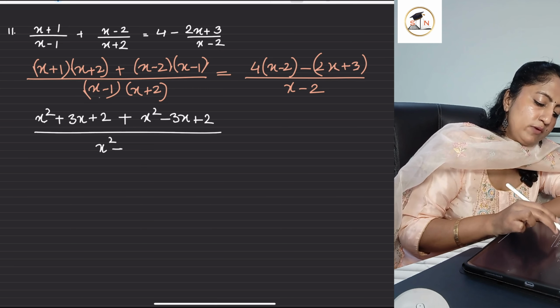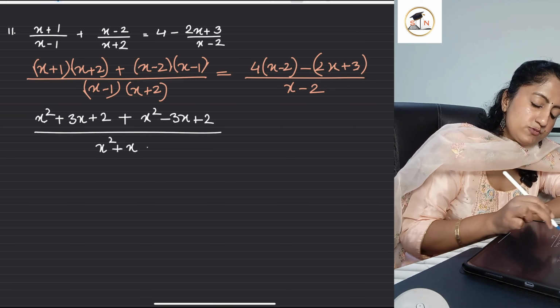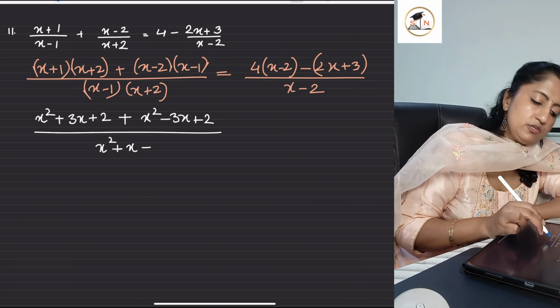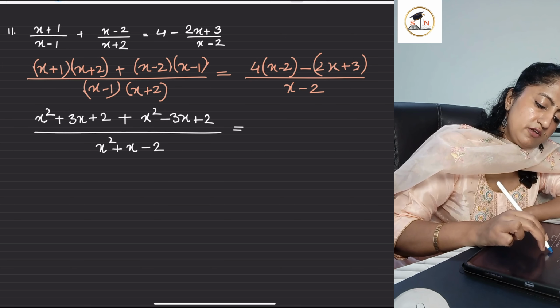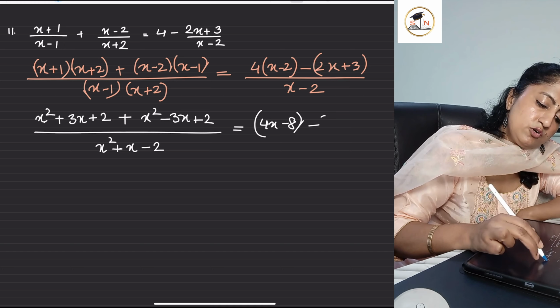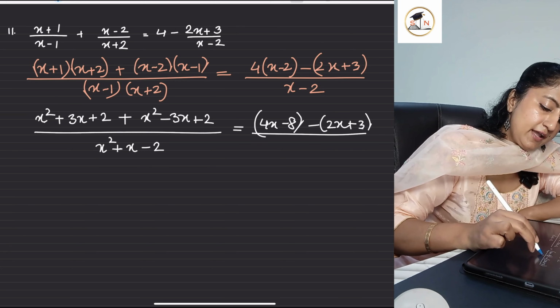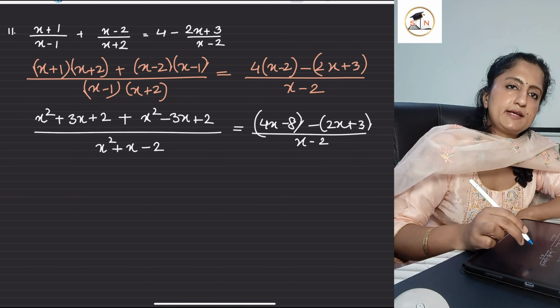What do we get? 2x minus x, that is plus x, and minus 1 into 2 minus 2 equals 4x minus 8 minus 2x plus 3. Since I'm not simplifying in this step, I have still continued with the brackets.